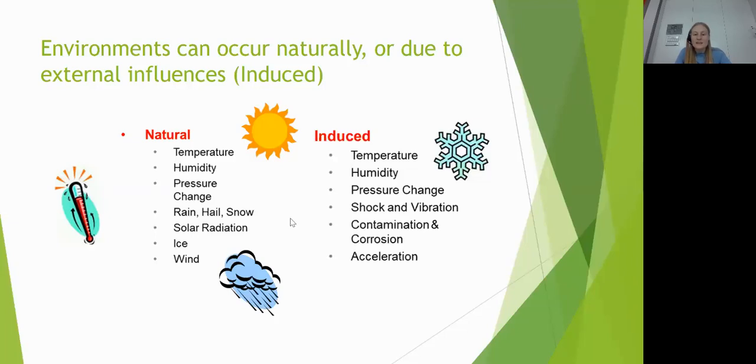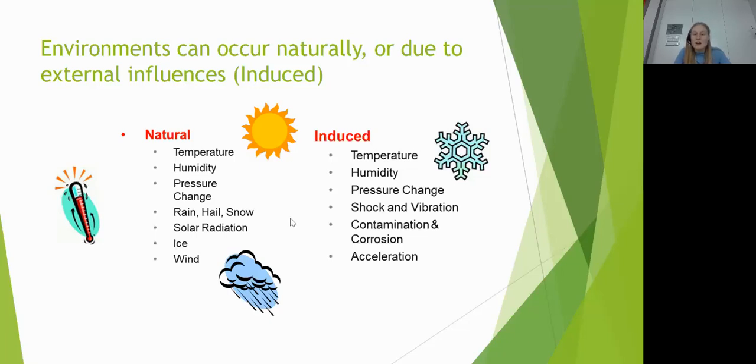Ice can also get inside products and then it expands, and when it melts, you can get water going into your products, and that's bad if you've got electronic circuits. So how do you battle that? Also wind can be a major issue, because it can blow dust into our cargo and our products, which can cause foreign object debris.